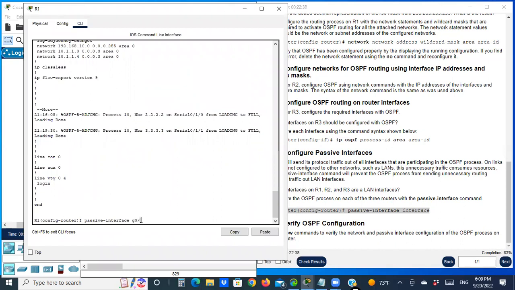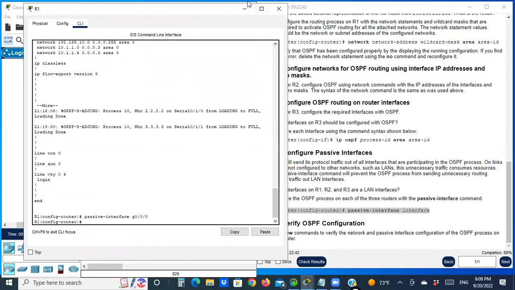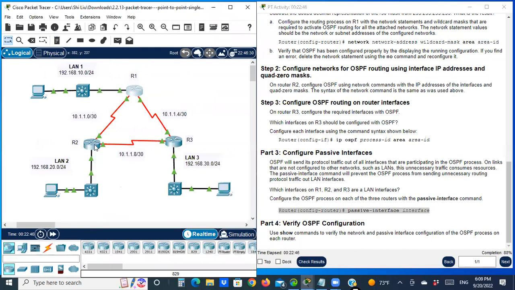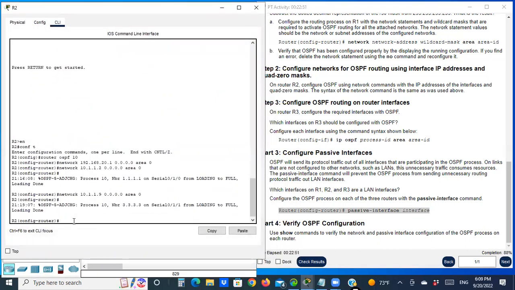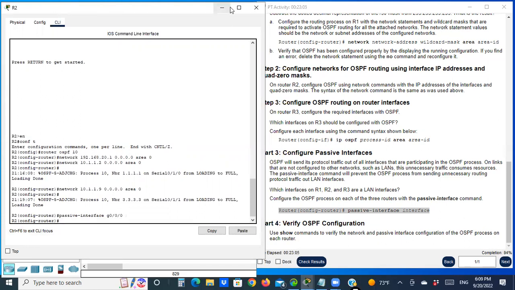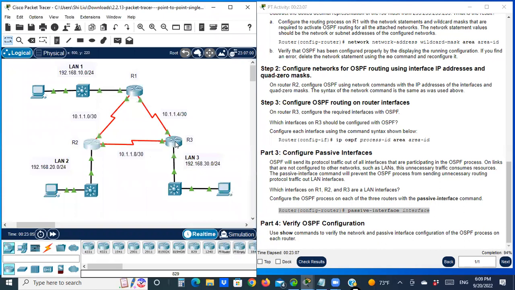So passive-interface G0/0/0. Okay, it's a passive interface. R2, do the same thing. Still in router subconfiguration, passive-interface G0/0/0. Okay, last one, R3.